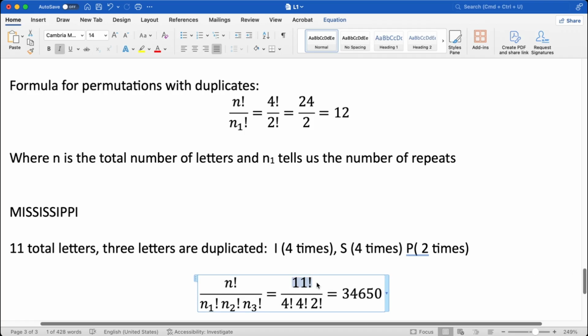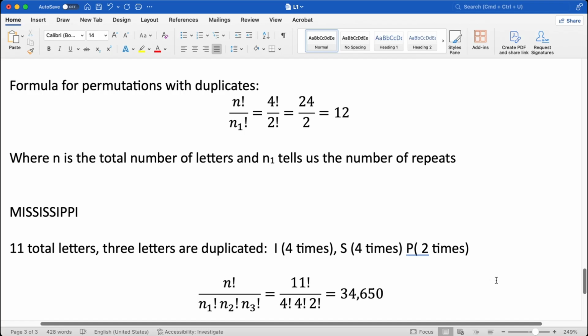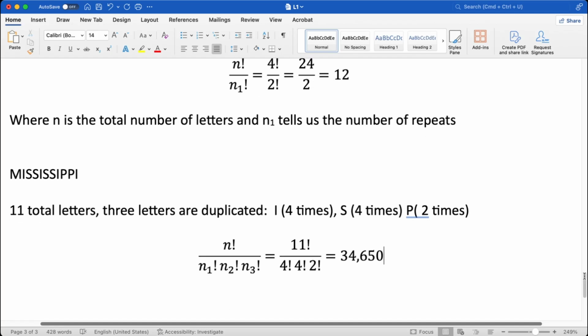Then we divide out by each duplicated letter: a 4 factorial for the I, another 4 factorial for the S, and a 2 factorial for the duplicated P. That leaves us with 11 factorial in the numerator, and downstairs 4 factorial times 4 factorial times 2 factorial. Final answer: 34,650 possibilities here.